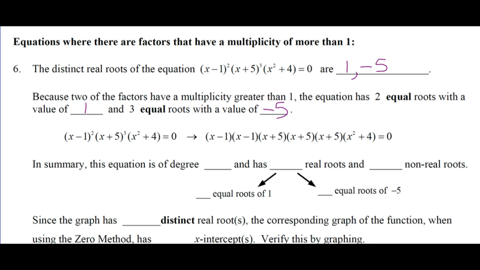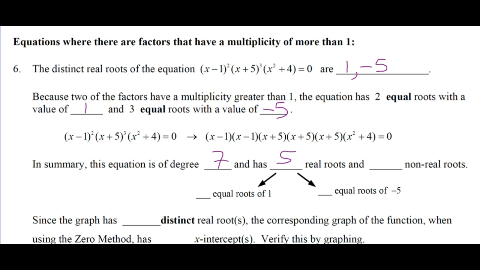Now, x minus 1 squared, x plus 5 cubed, x squared plus 4 is degree 2, 3, 2, so degree 7. And has how many real roots? There are 2 and 3. It has 5 real roots.